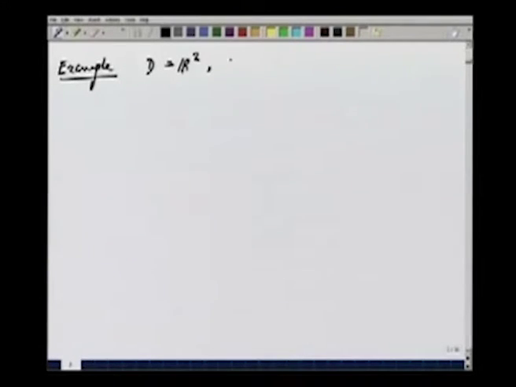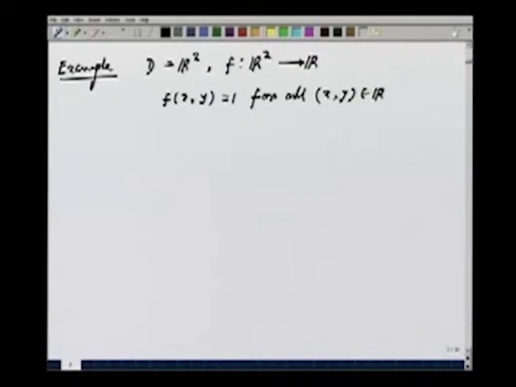So I am going to talk about a function f defined from R2 to R. That means I take a point in R2 and f of that point should be a real number. So I can define f of (x, y) equal to 1 for all (x, y) in R2. This is certainly a function of two variables, a constant function.